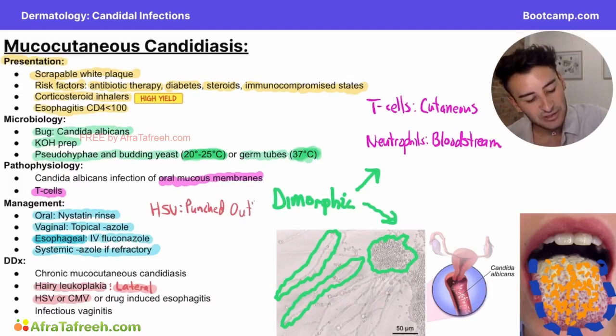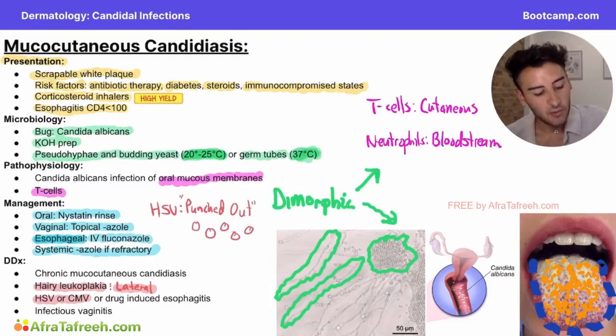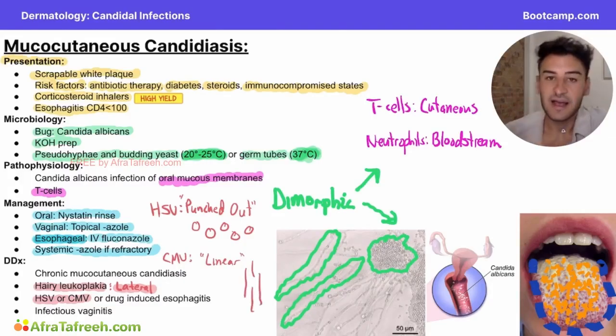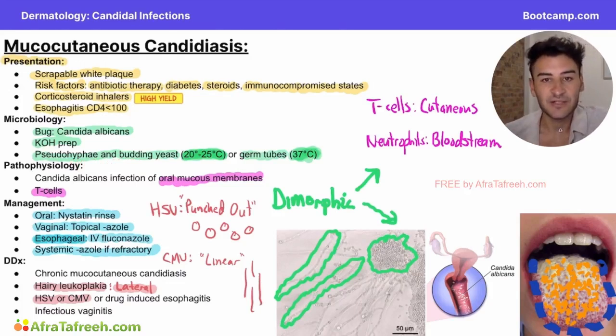So punched out lesions in the esophagus are going to look like discrete circles that are punched out along the esophagus. Whereas in CMV esophagitis, we are going to have it described as linear lesions. So they're going to look like vertical lines along the esophagus. And these lesions, described as punched out and linear, are going to be high yield when it comes to describing HSV or CMV esophagitis.